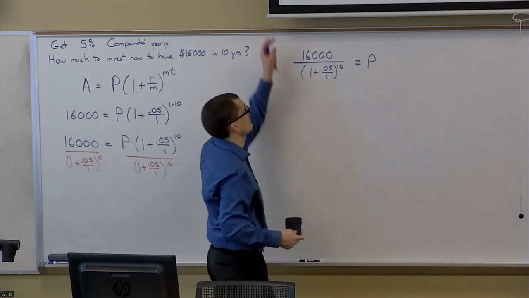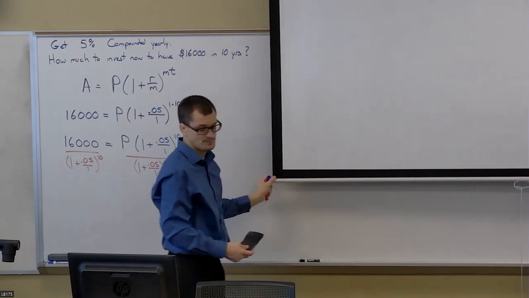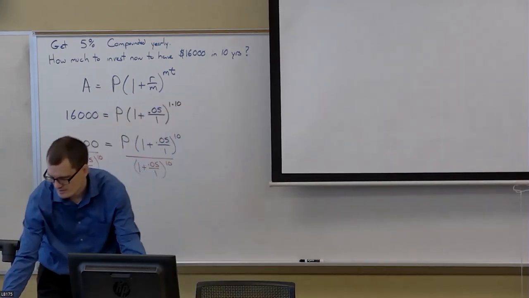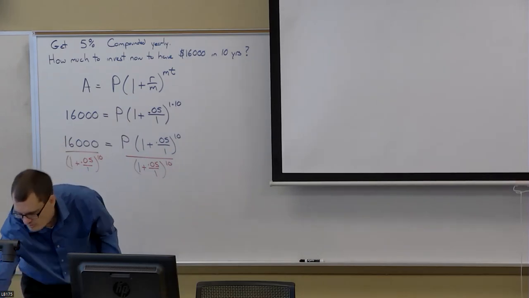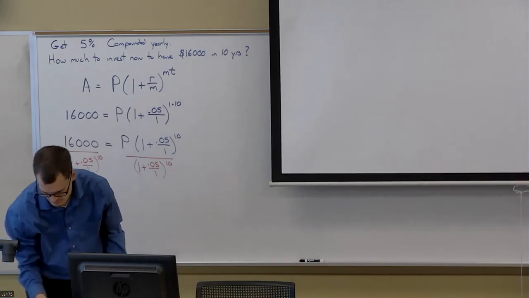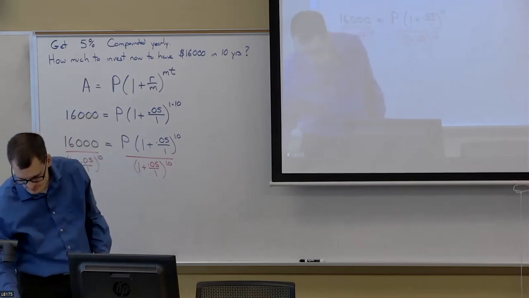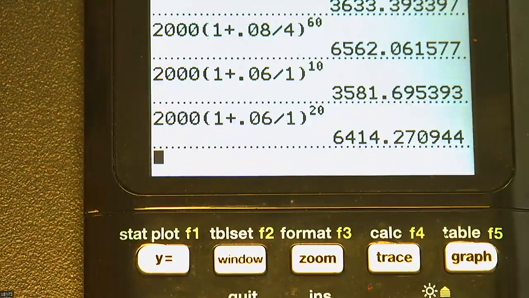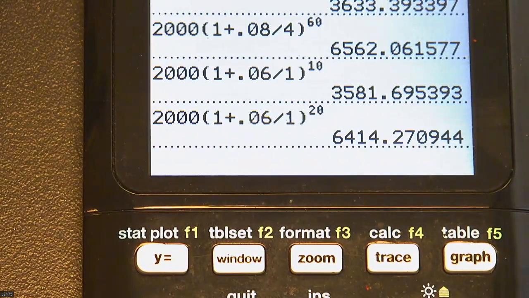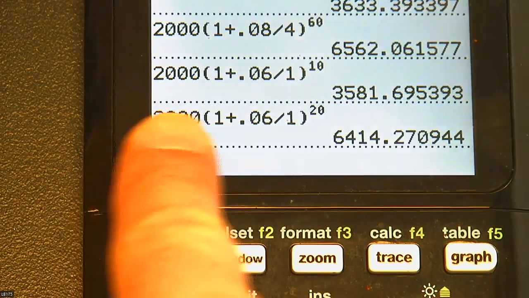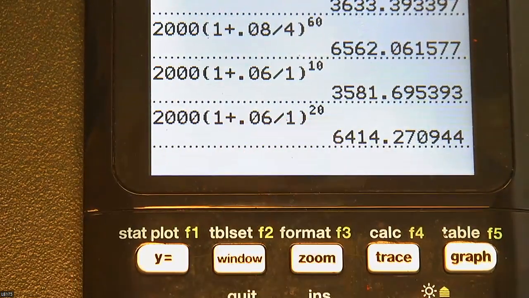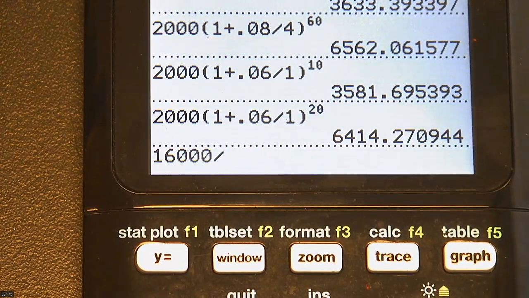All right, both calculators that we have. So this is all my earlier work that I was doing. As you can see, I was taking 2,000 times that number. Now I'm going to take 16,000, and then I'm just getting the divide key.